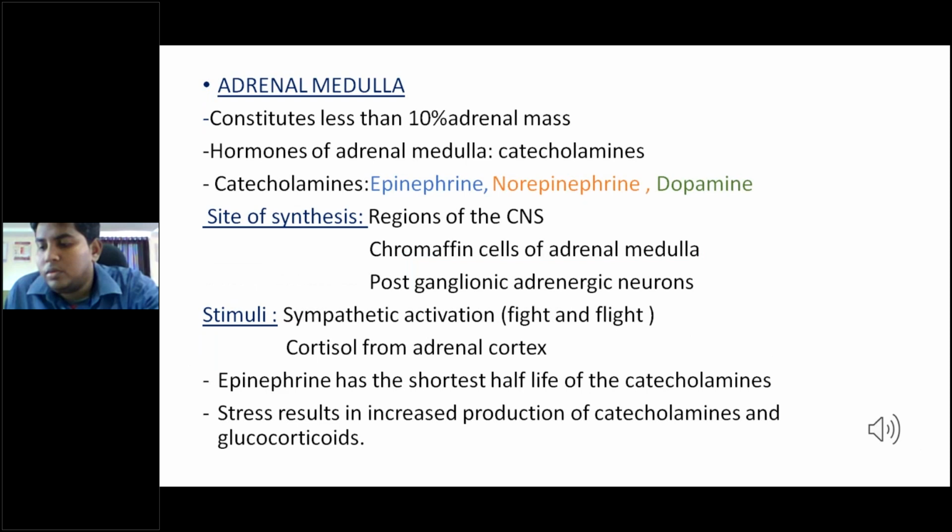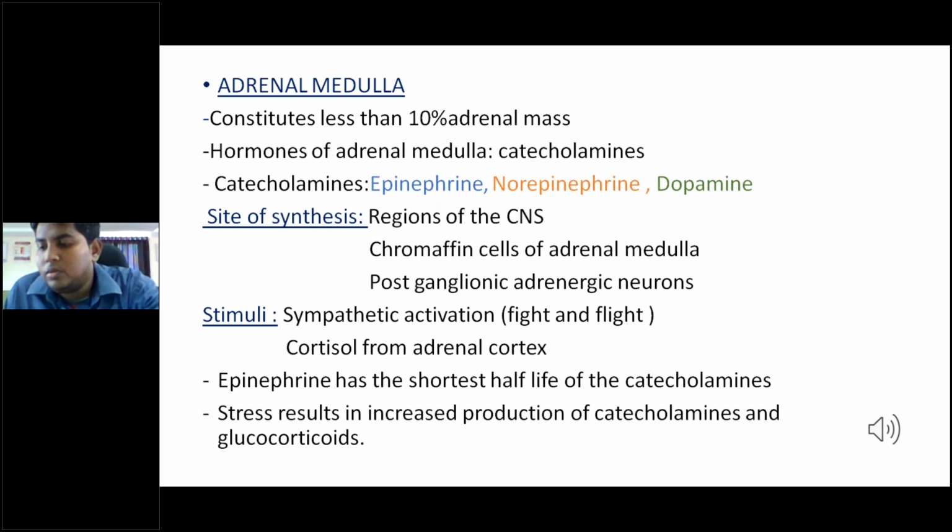So till now we discussed the adrenal cortex. Now we will discuss the adrenal medulla. The adrenal medulla is relatively less in contribution, constituting less than 10% of the adrenal mass. But the important hormones secreted by the adrenal medulla are catecholamines like epinephrine, norepinephrine, and dopamine.